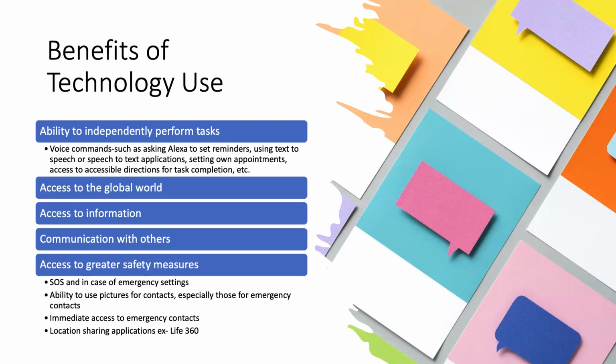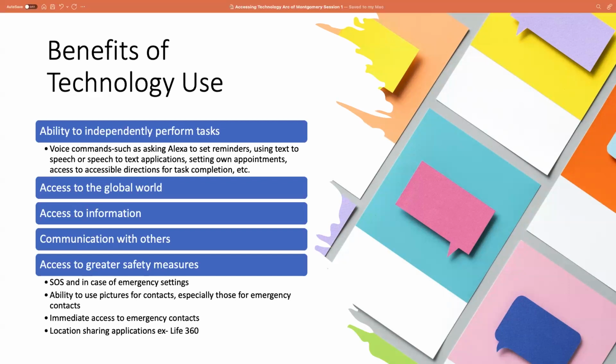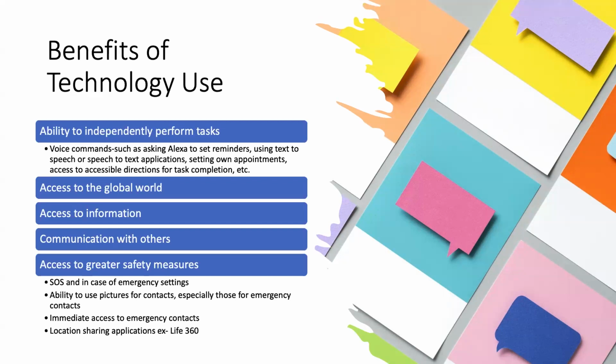But there are things like apps that can also help with safety. You might use Life360, which is an app for sharing location with your family members so they know where you are. You might have emergency contacts on there too, in a little thing under favorites so you can contact them.